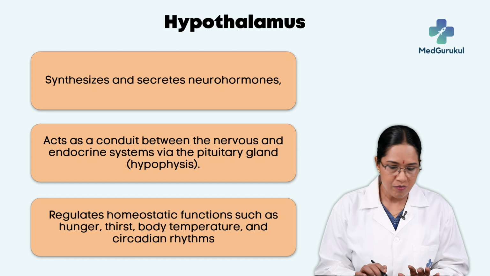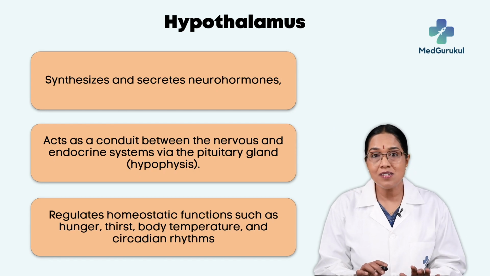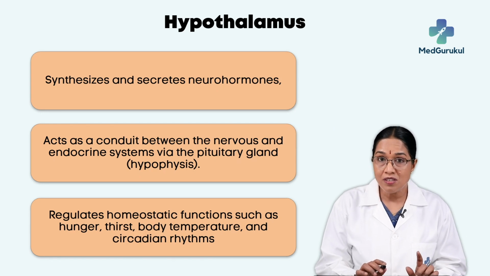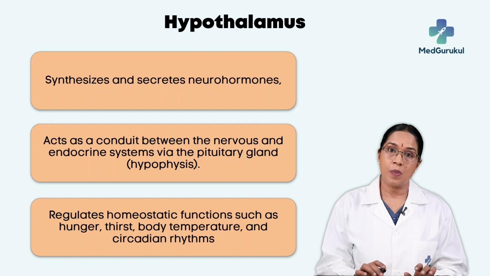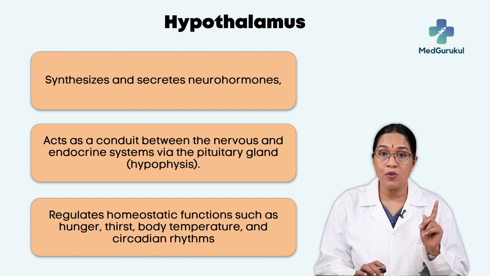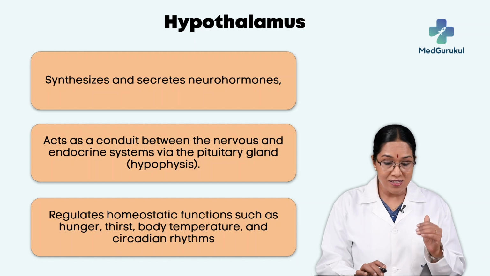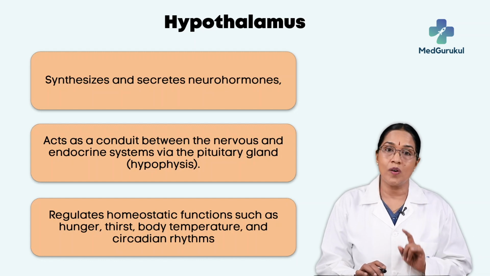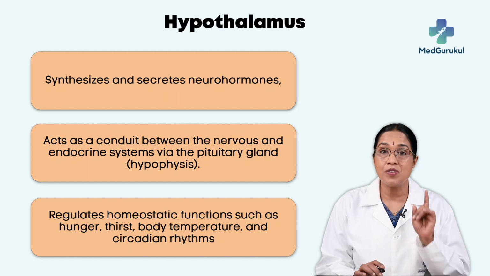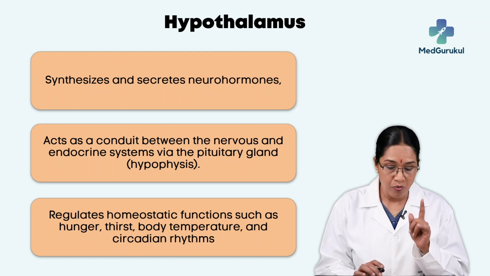Now, the hypothalamus not only synthesizes, it secretes different neurohormones. And the second important point I want you all to remember is it acts as a conduit between the nervous system and the endocrine system via the pituitary gland or the hypophysis.